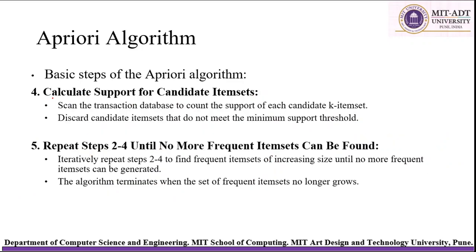Fourth step is calculate support for candidate item sets. We'll scan the transaction database to count the support of each candidate item set. Now we'll discard those item sets which do not meet the minimum support threshold.